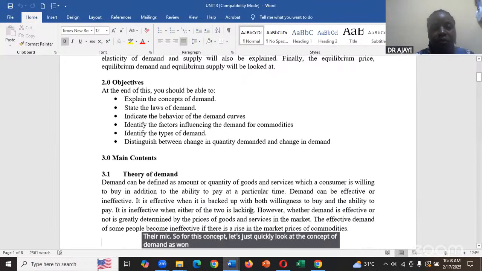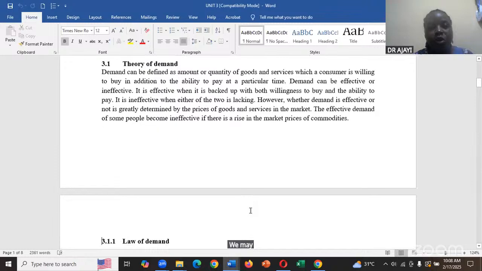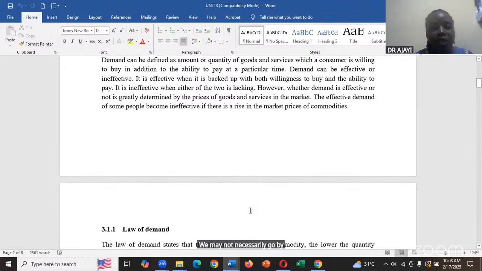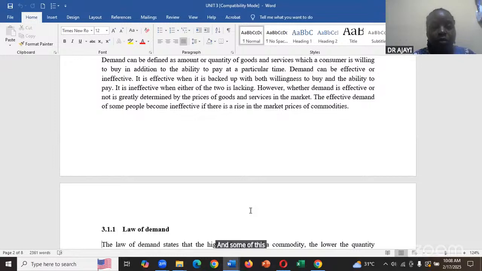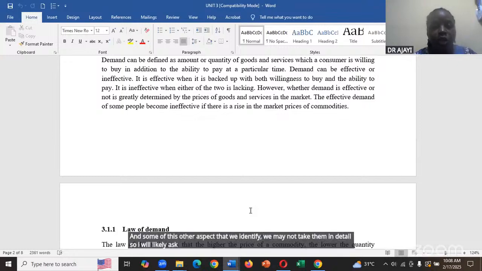So for this concept, let's just quickly look at the concept of demand as one key concept. We may not necessarily go by what we have in the course outline, because I told you that some aspects of this topic may be missing, and some of the other aspects that we identify, we may not take in detail. So I will likely ask you to read up some things on your own, maybe refer back to your O-level notes or textbooks.